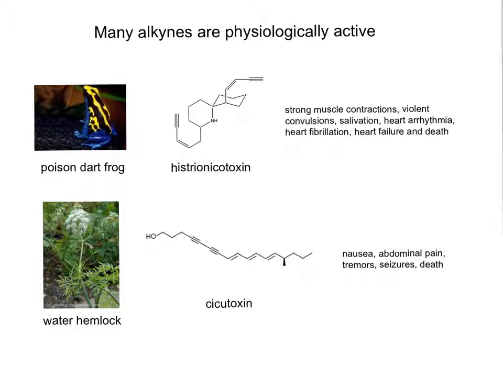The alkyne functional group is a functional group containing the carbon-carbon triple bond. Here are two examples of naturally occurring compounds containing that carbon-carbon triple bond.